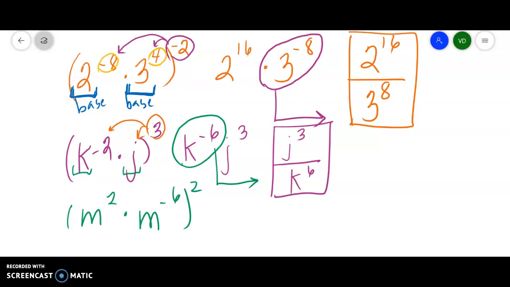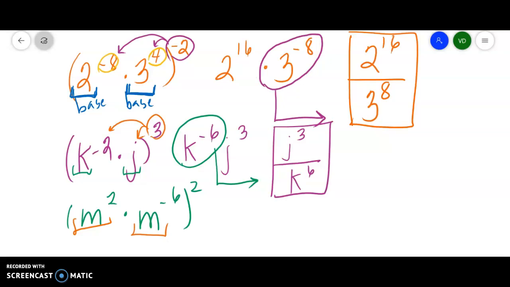So for our next example, we still have parentheses. This time, if I look at my bases, I've got M and M. Because they are the same base, that means that I can simplify inside of the parentheses first.